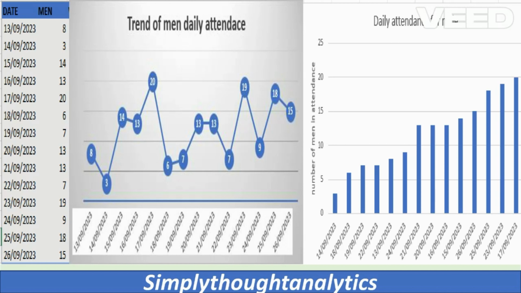For example, if my goal is just to look at the overall trend or pattern over time in the rate of attendance of men, then the line chart in the middle will be my best option, because it shows us how the attendance is fluctuating over time. You can see the pattern comfortably.